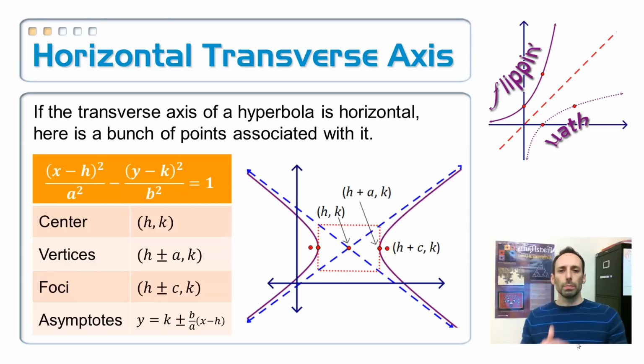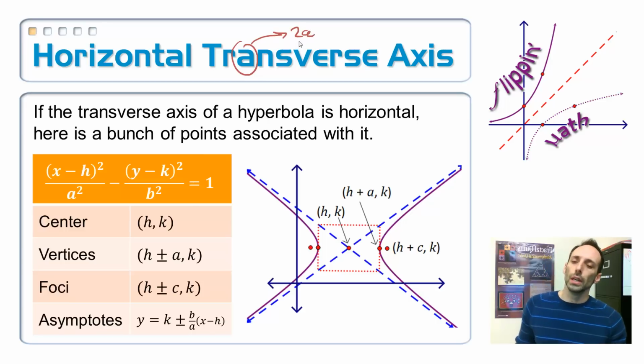So we looked at the points for all of the hyperbolas with either the horizontal transverse axis or the vertical one. So now let's look at the equations. For a horizontal transverse axis, let me point something out again to you. With this transverse axis, the a is in transverse, so that gets the 2a, and that's the length of the transverse axis.